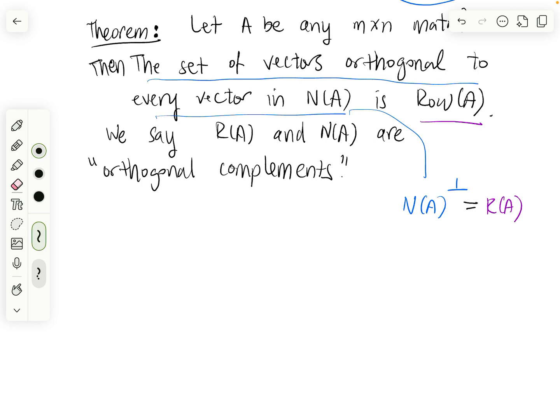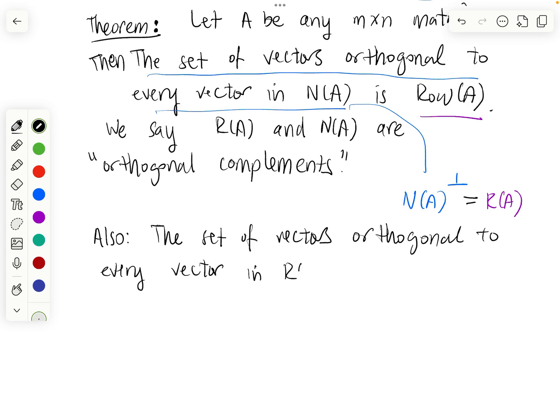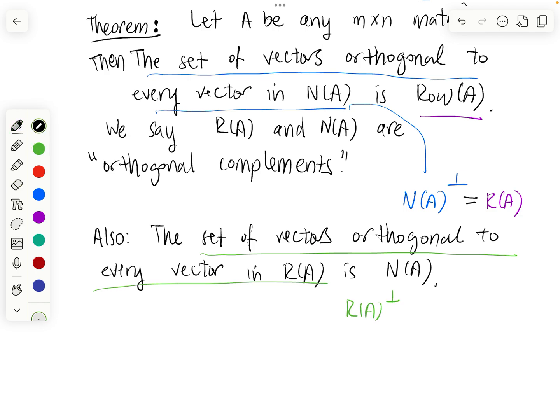Actually, I'm going to prove a slightly different statement, which is that the set of vectors orthogonal to every vector in the row space of A is the null space of A. So this is saying that the set of vectors orthogonal to every vector in the row space of A, that's the orthogonal complement of the row space of A, is the null space of A.